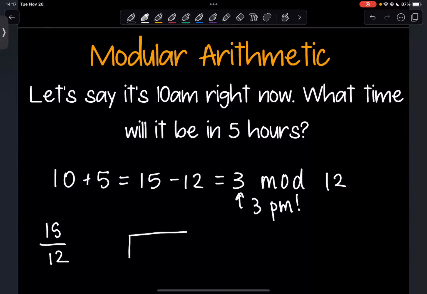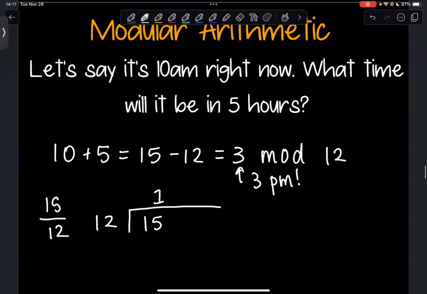So I can do some long division here, put my 15 here, my 12 here, and I want to decide how many times does 12 go into 15? And it doesn't have to be exact, right? It goes in once and it doesn't go in twice, so I'm going to write 1 here. Multiply that by 12 and subtract to give me 3.